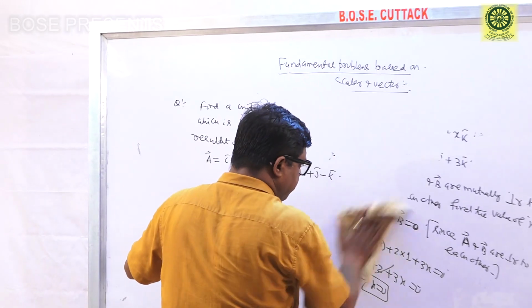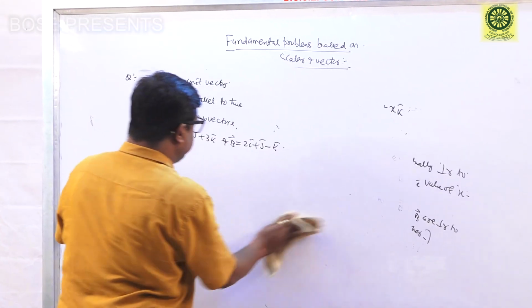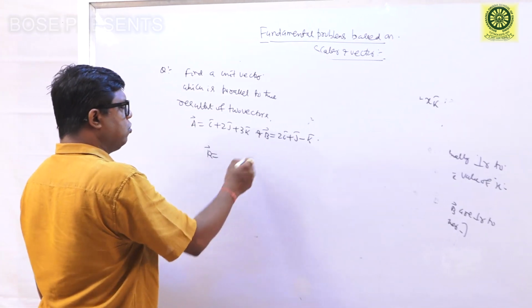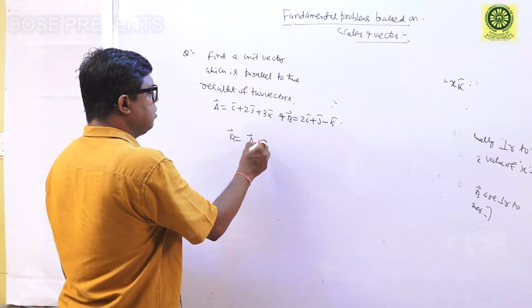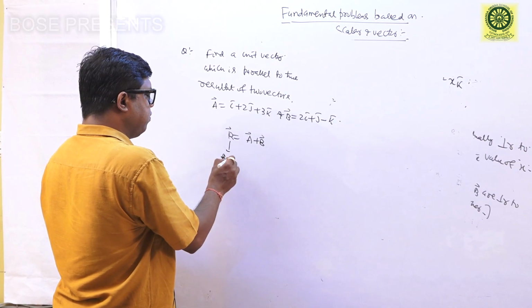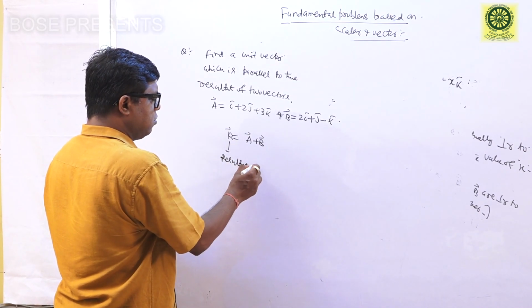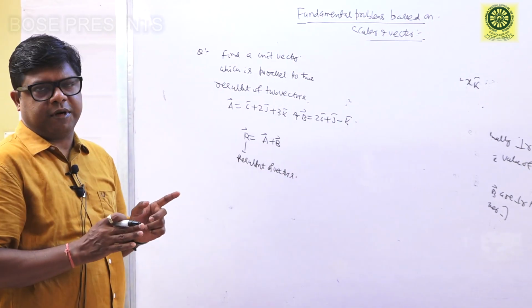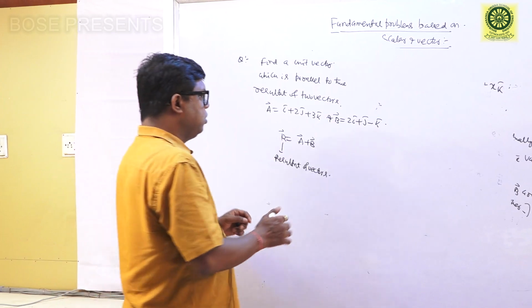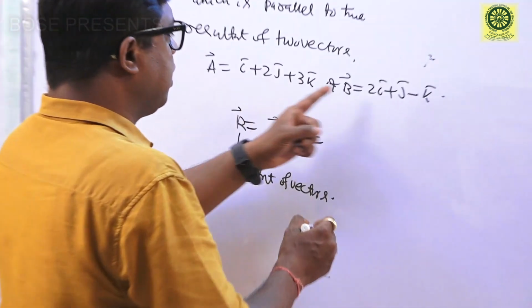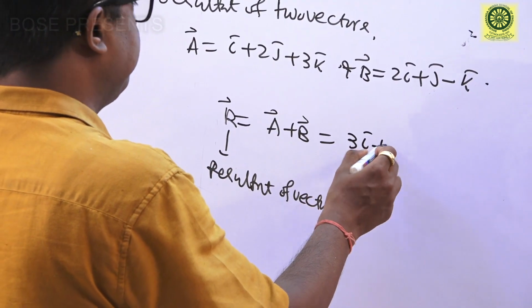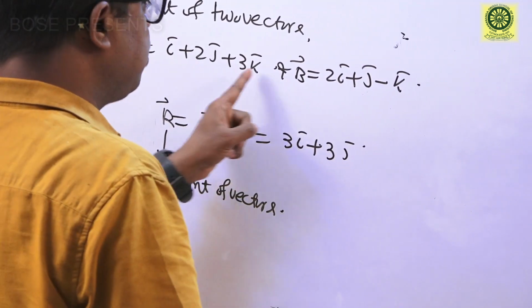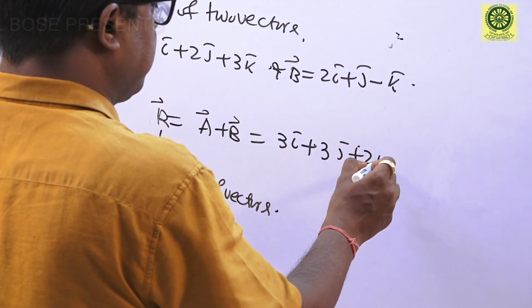So we have to calculate the resultant of the two vectors, which means vector addition. R is the resultant of the two vectors A and B, that is equal to A plus B. This is a basic problem of scalar and vector, a very fundamental question. So R is equal to i cap plus 2i cap, that is 3i cap, plus 2j cap plus j cap, that is 3j cap, plus k cap minus k cap plus 2k cap.